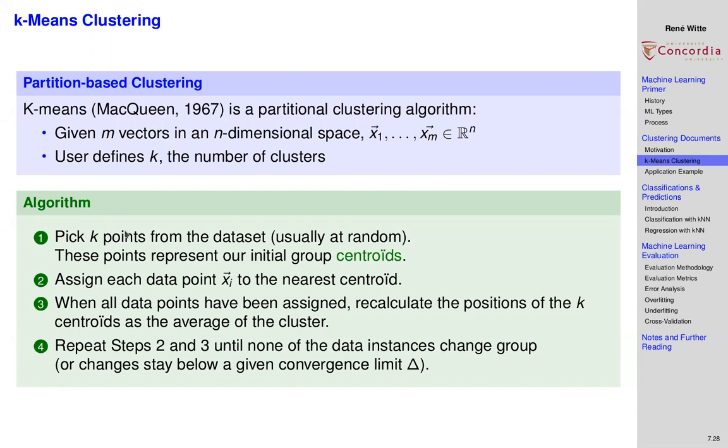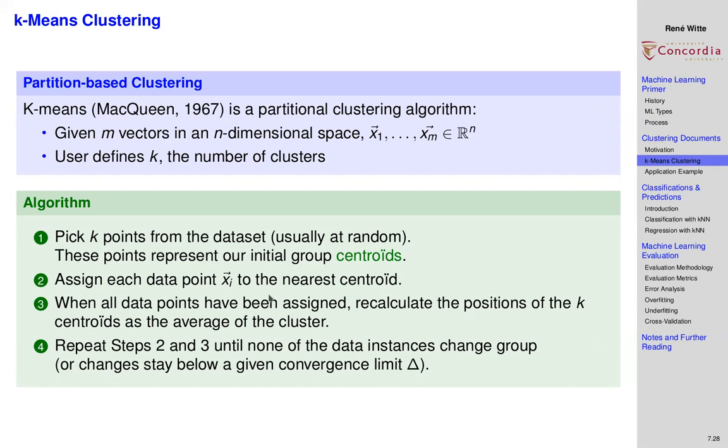So after picking k, you pick k points from the data set, and usually this is done at random. And these are the so-called centroids, meaning the cluster centers. Then you look at all the other points and you compare them to the k initial centroids. And you find out which one is the closest, and this point will be assigned to the cluster with the corresponding centroid.